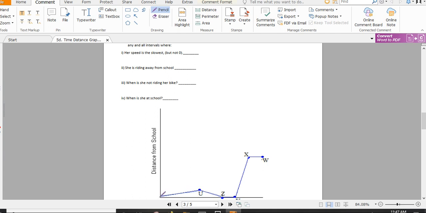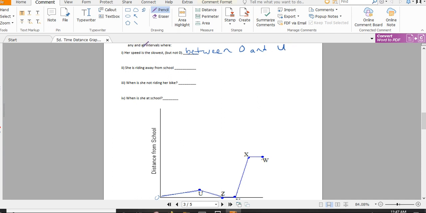If I look at this first line, from O to U, how much did we travel? Not a whole lot, but it took a lot of time, didn't it? Whereas here, it traveled the exact same distance to go back home, but in less time. So it would make sense that her speed is the slowest between O and U.